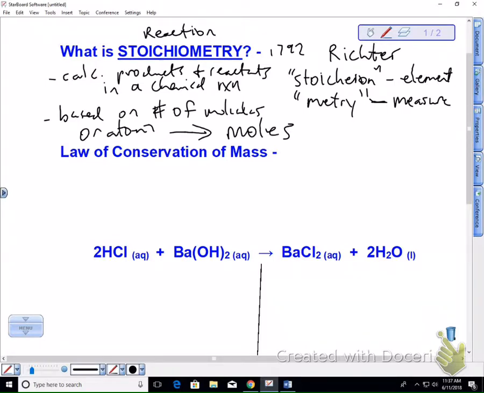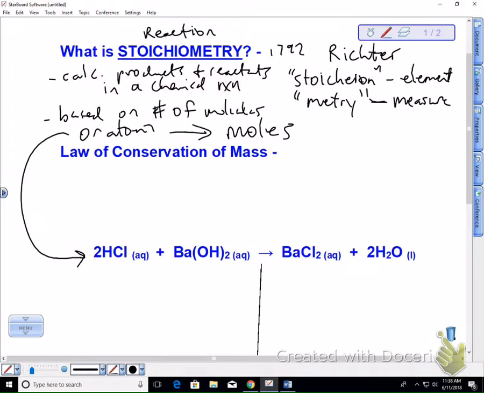So let's go down to this reaction right here, and let me read that for you in a couple of different ways. I could read this reaction in skeleton form to say 2 molecules of hydrochloric acid plus 1 molecule of barium hydroxide yields 1 molecule of barium chloride plus 2 molecules of water.